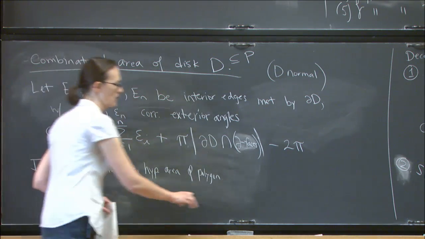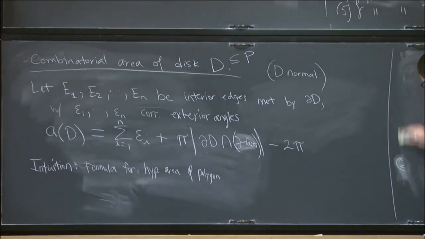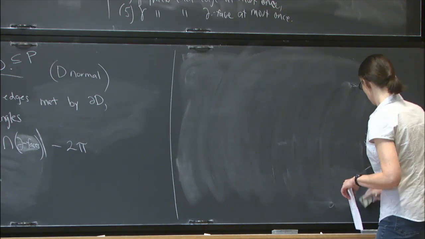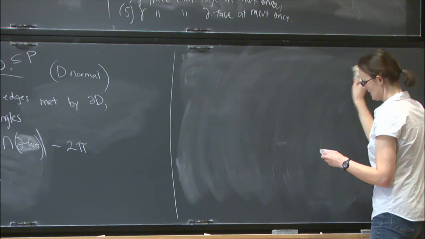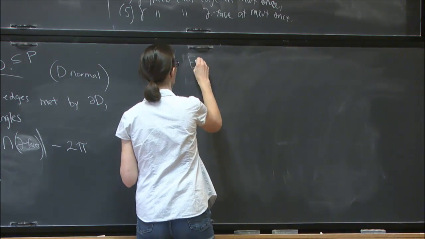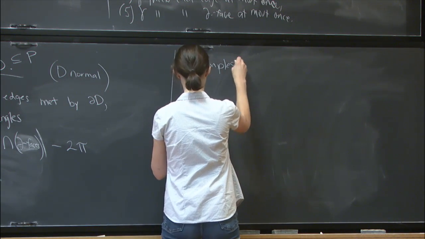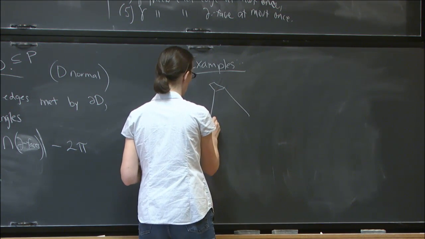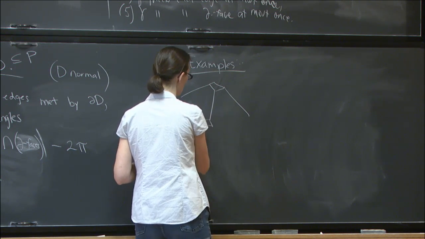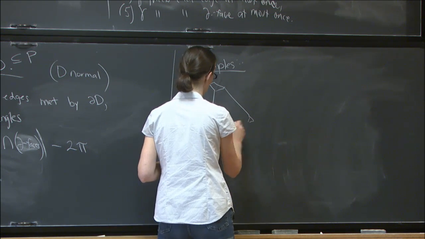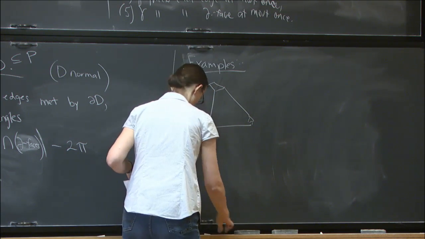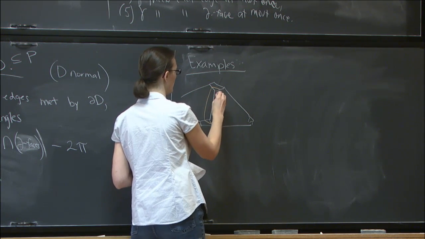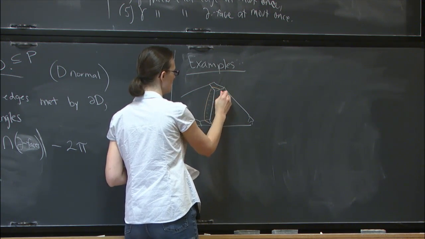Okay, so let's look at a couple examples. So these are two special types of faces. Okay, so I have my polyhedron doing something. Here is a disk in orange.